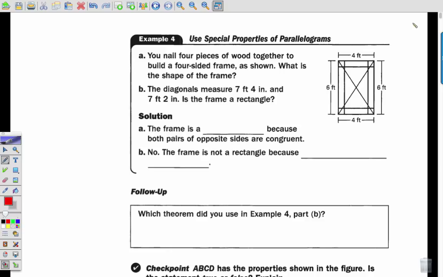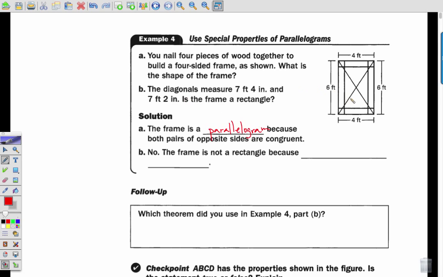So let's look at example 4. If you nail 4 pieces of wood together to build a 4-sided frame, so this is the frame that you're building, what is the shape of the frame? Now, if I build a frame, notice that opposite sides are congruent. So this has to be a parallelogram because both pairs of the opposite sides are congruent, right?